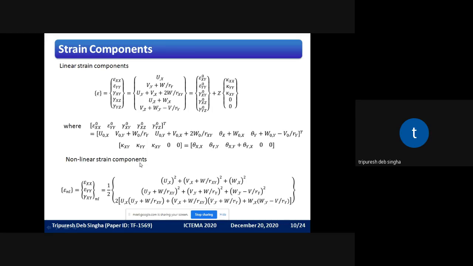At the same time, the nonlinear strain components are induced due to the hygrothermal effect, that is, the moisture and temperature effect. The nonlinear strain component epsilon NL is determined by using this formula. That means it is related with U, V, W, Ry and Rxy. Ry is the radius of curvature of the conical shell in the y direction, and Rxy is the radius of twist.